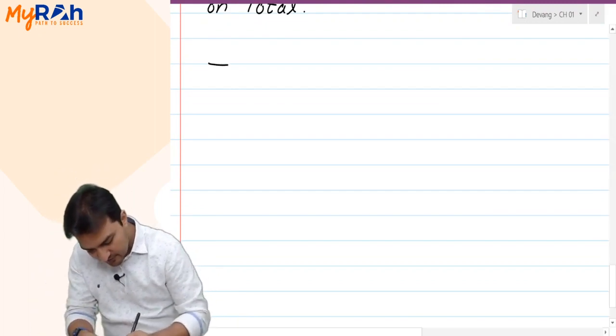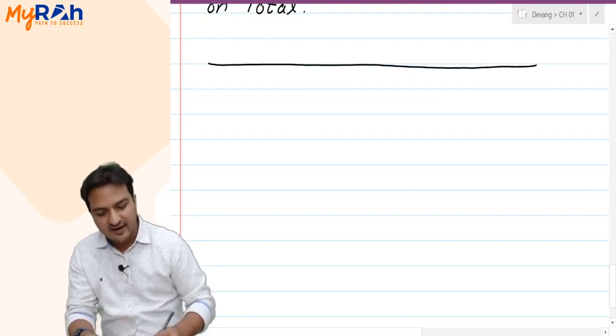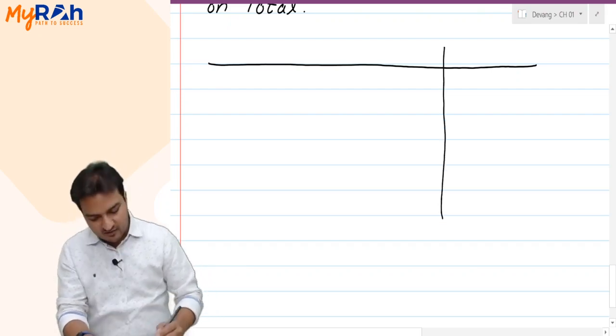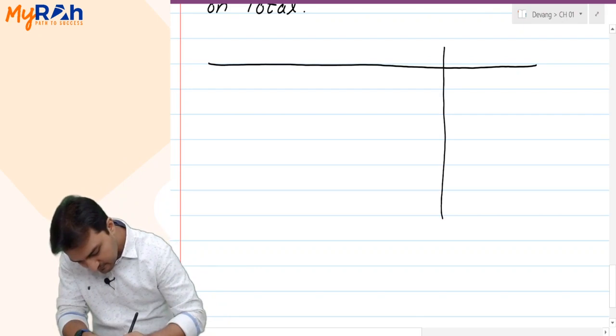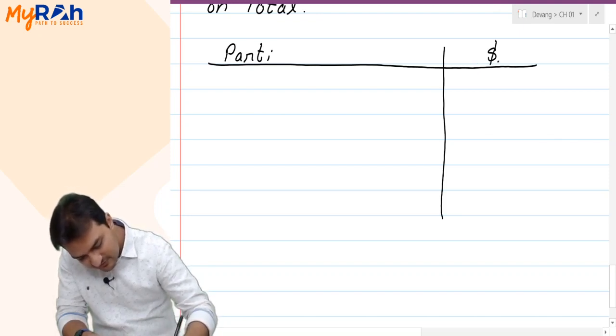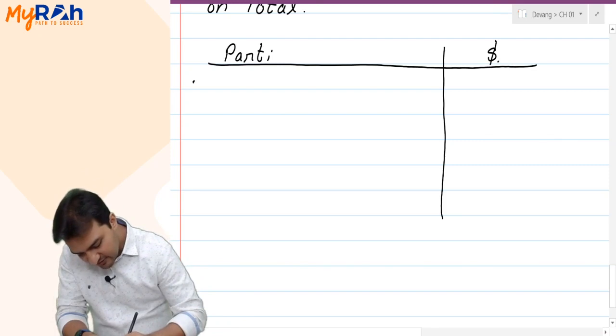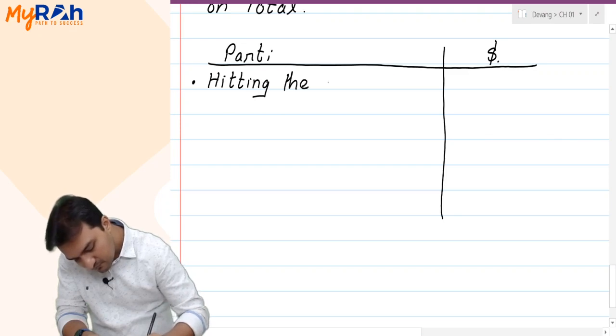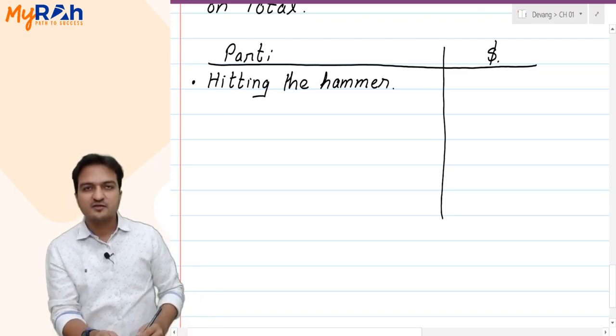Say a properly drafted item-wise table he gave. The itemized invoice had a table like this. Particulars, and okay, not rupees, dollars. First item: hitting the hammer.